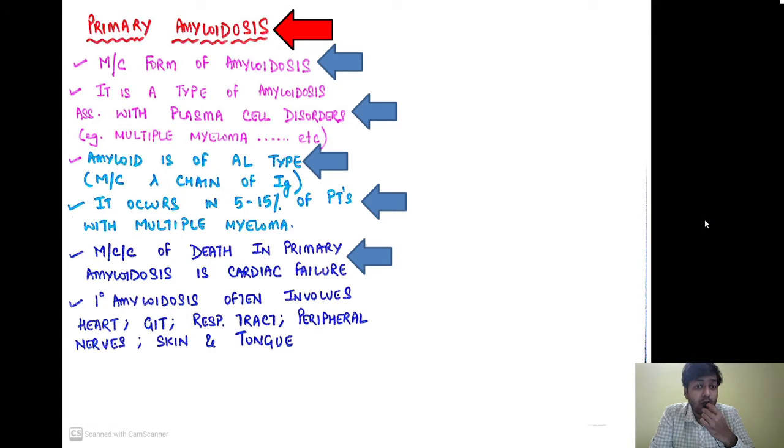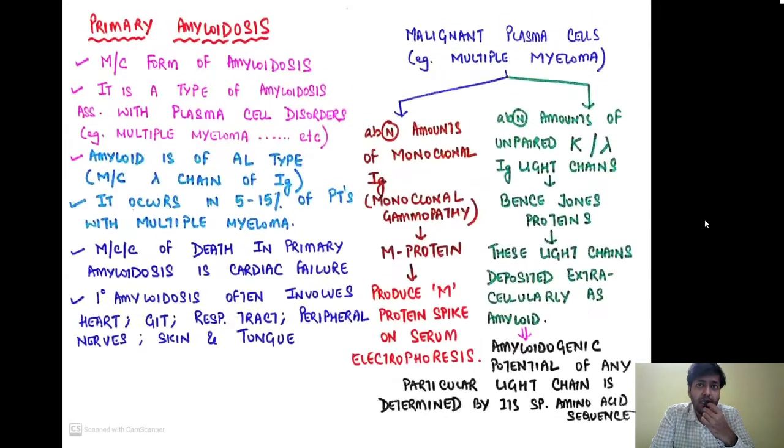The most common cause of death in primary amyloidosis is cardiac failure. And remember that primary amyloidosis often involves the heart, GI tract, respiratory tract, peripheral nerves, skin and tongue. Now remember that the malignant plasma cells, those plasma cells which are monoclonal in nature, for example in multiple myeloma, produce two kinds of things.